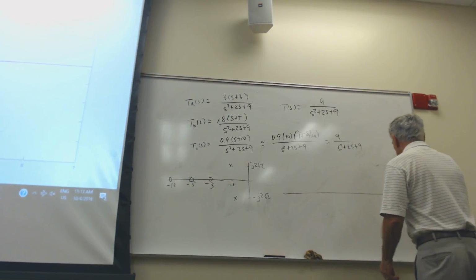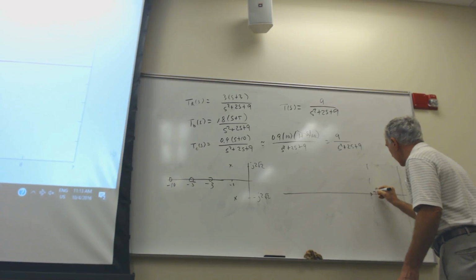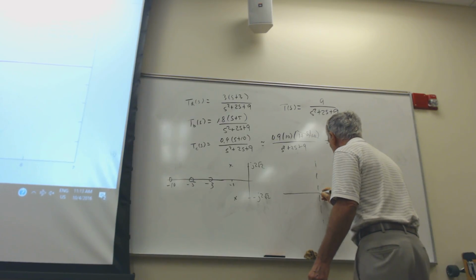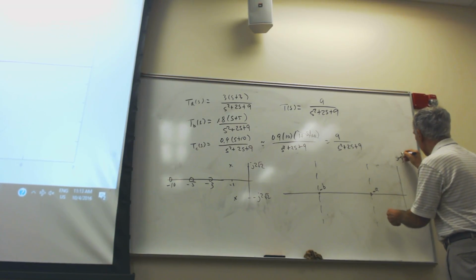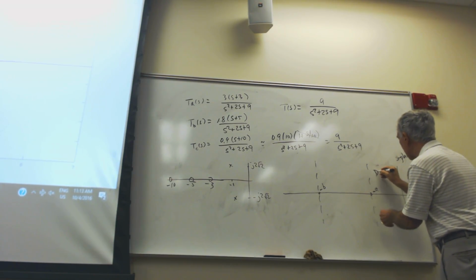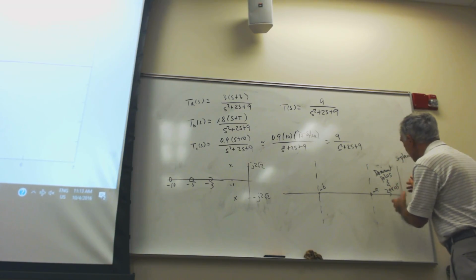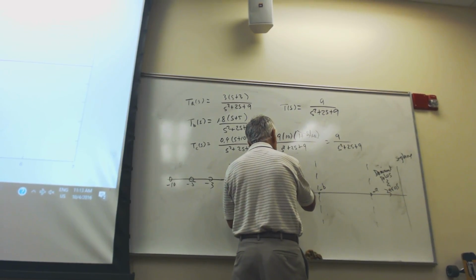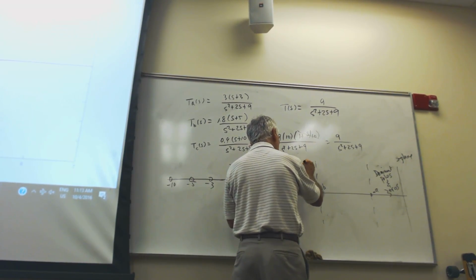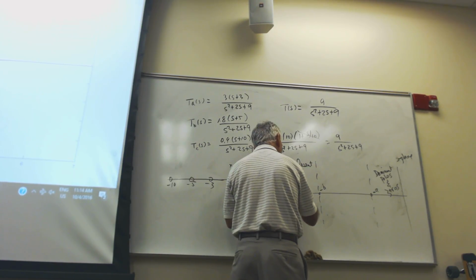You were not in the class when we said let that be minus A, and then here let that be minus B. And this area here is the s plane. We have dominant poles and zeros. Over here we have insignificant poles and zeros.